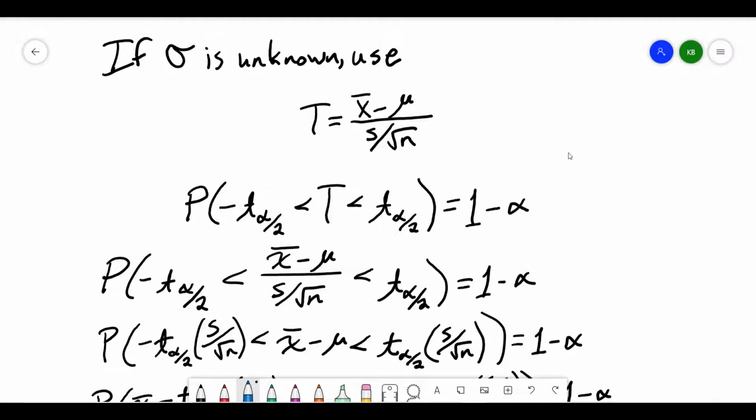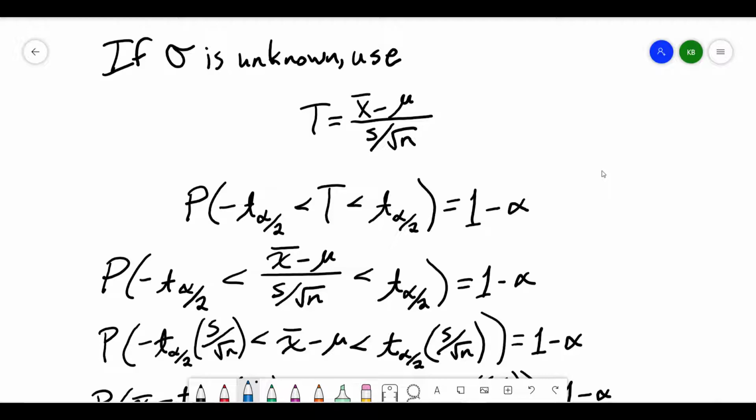Now, just like we could for the z value, we can say that the probability that the t value is between negative t sub alpha divided by 2 and t sub alpha divided by 2 is equal to 1 minus alpha. And that's going to give us this 1 minus alpha confidence interval idea.